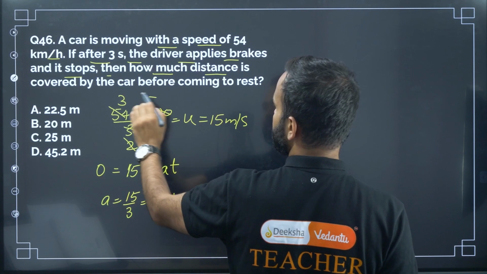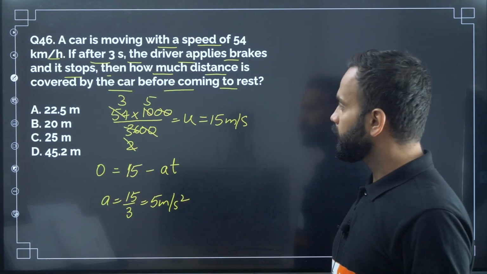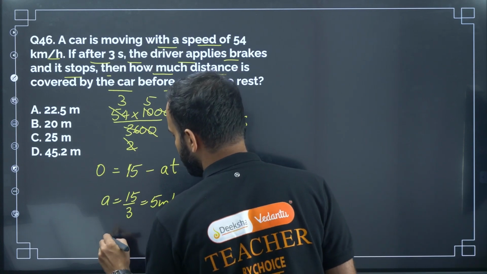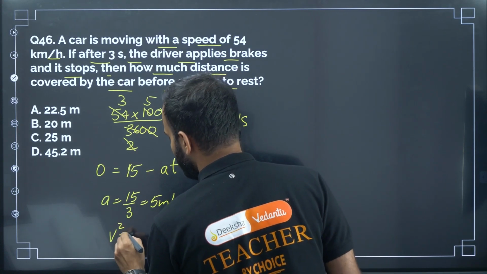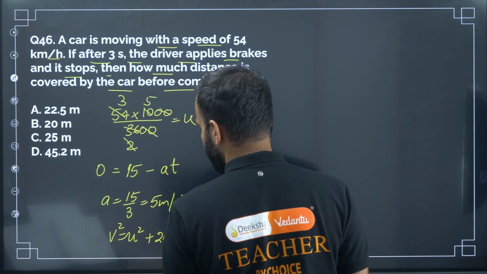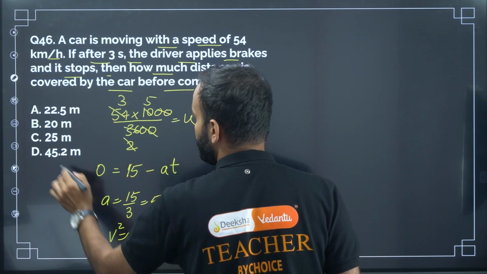Then how much distance is covered by the car before coming to rest? Apply the third equation of motion. V square equals U square minus 2as, in this case deceleration.